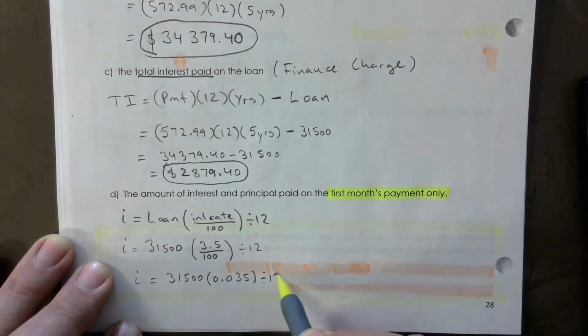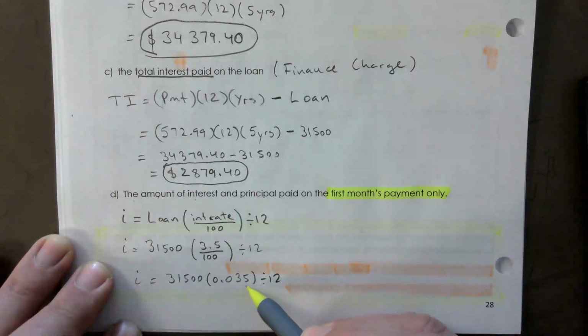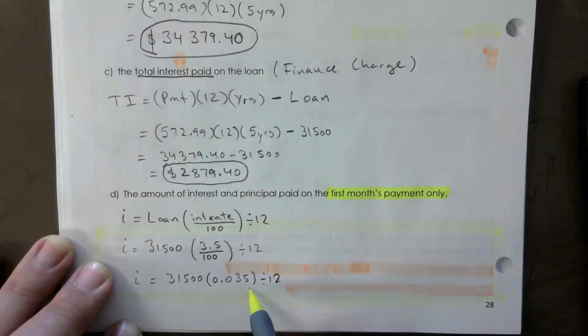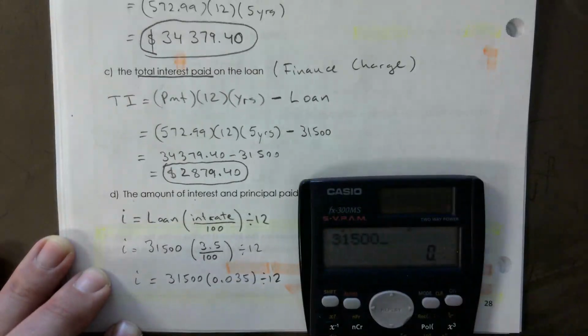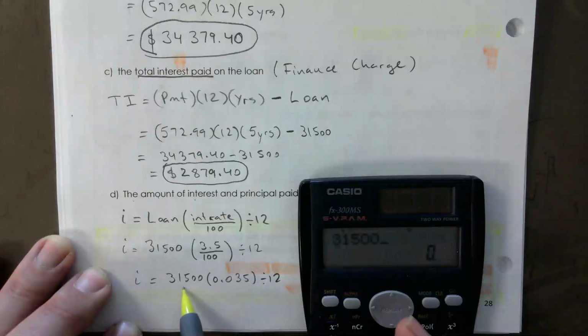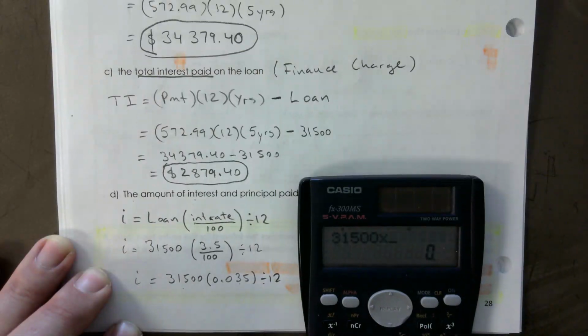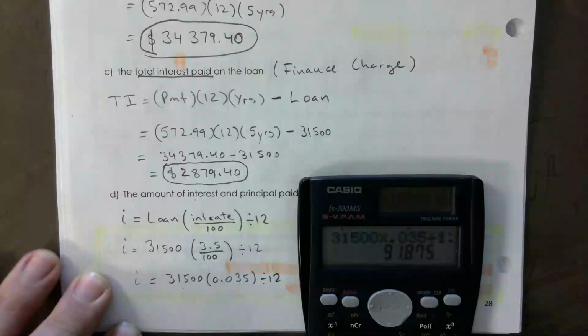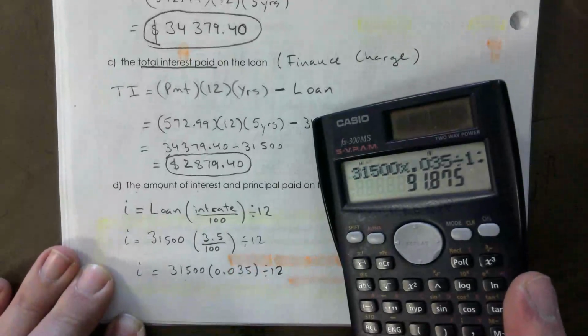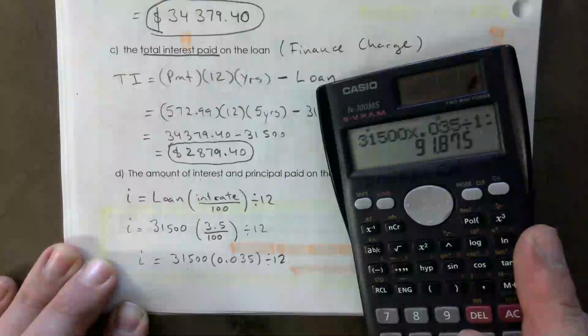So I'm just going to say, let's divide that by 100, and we get this. Do not round. Use all decimals. And then you grab your calculator and just go this times that divided by 12. So watch this, it's 91.88.